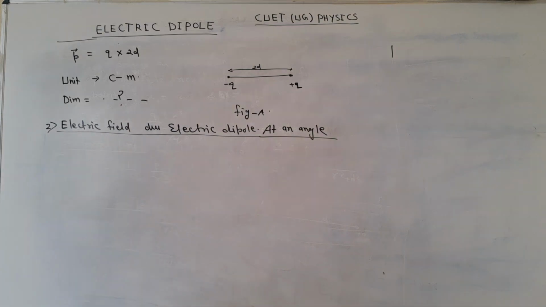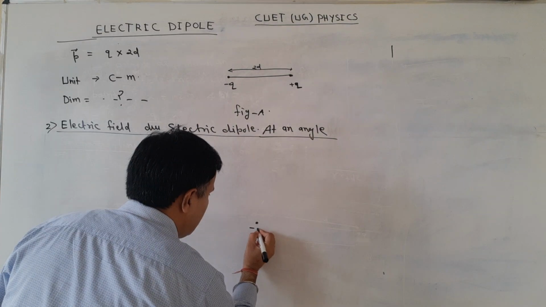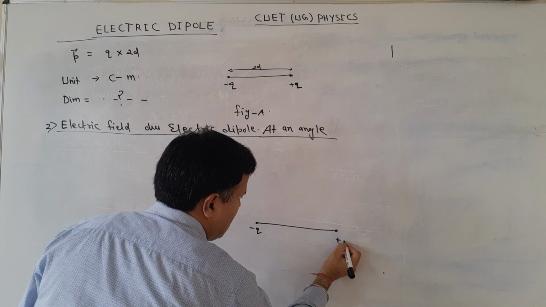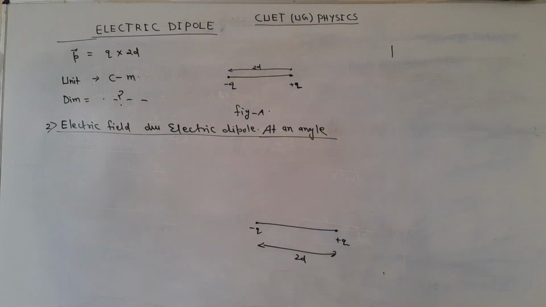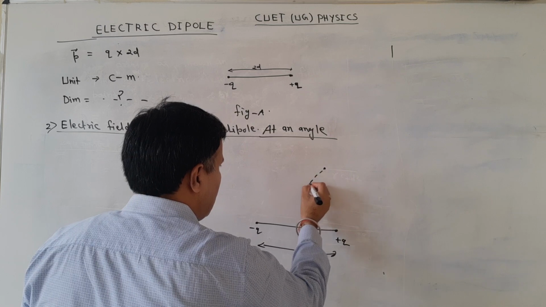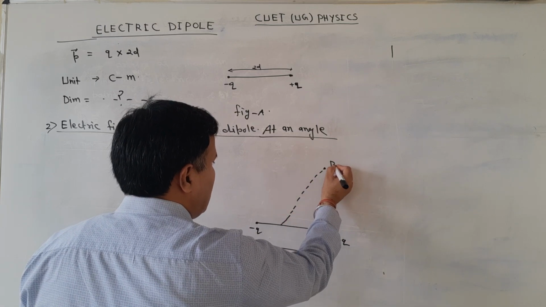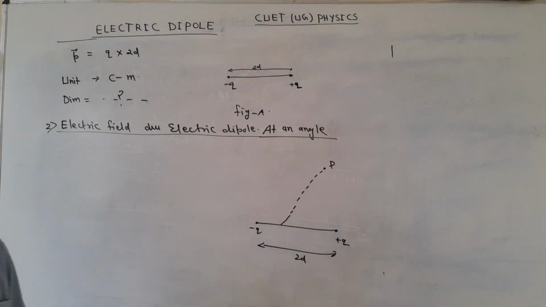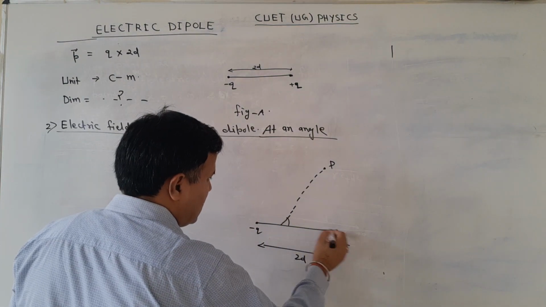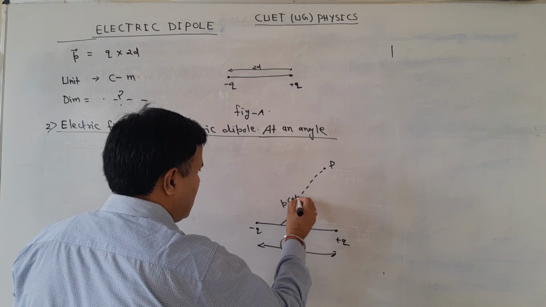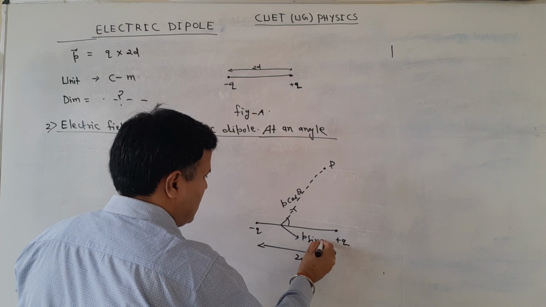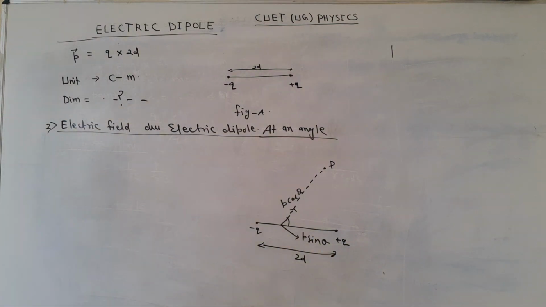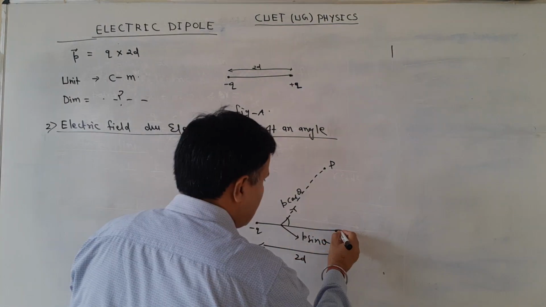Again, we have a dipole which is minus q. This is plus q, separated by a distance 2d, and we want to find out the electric field at this point P, and this angle is theta. This is p cos theta, this one is p sin theta, and this is the direction of dipole.